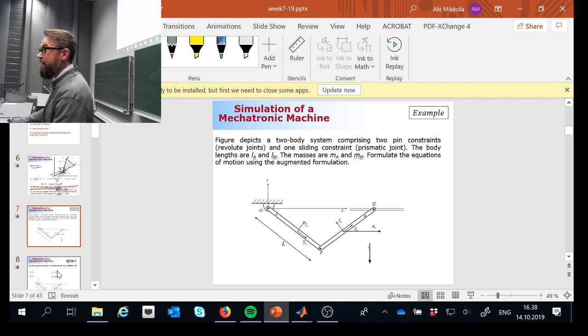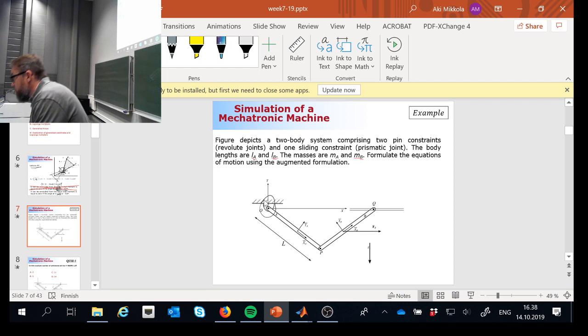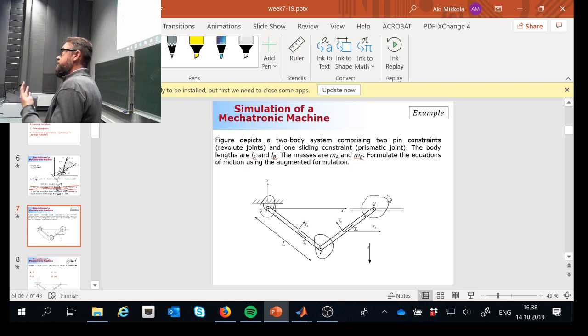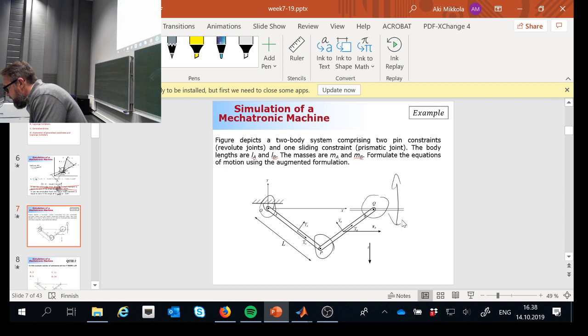5, because here I have a revolute joint that needs 2 constraint equations, and then another revolute joint here, an additional 2 constraint equations. That's now a total of 4, and then one more located here, a primitive joint that is only constraining the motion along the global y direction. So this motion is not possible.